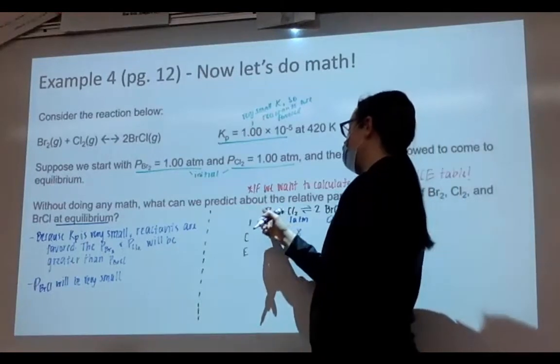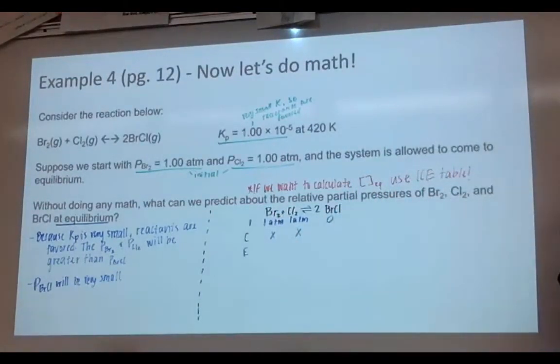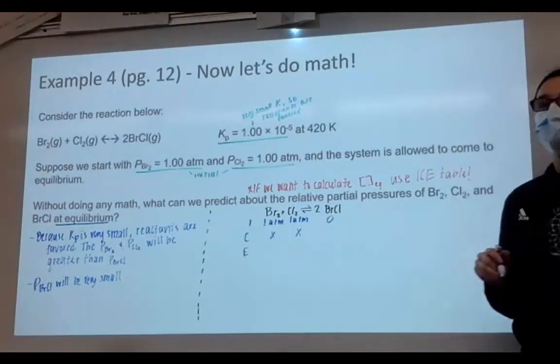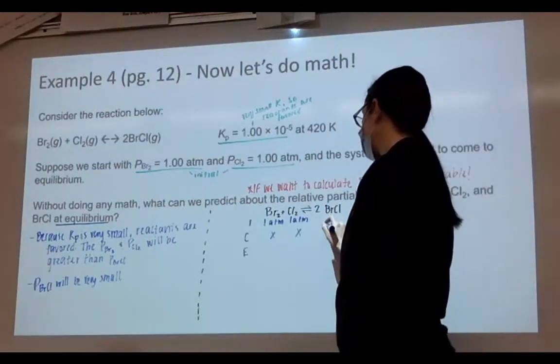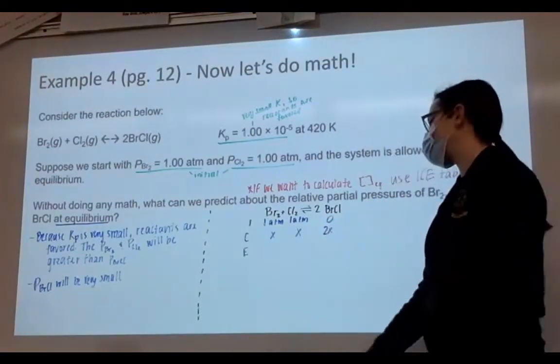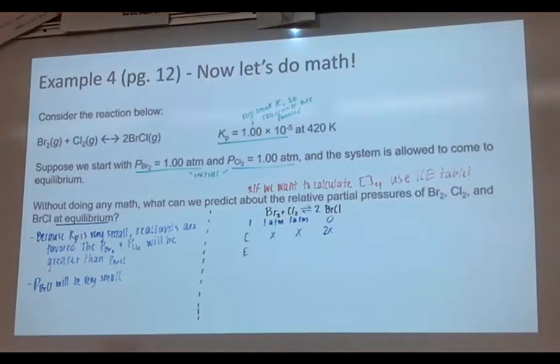But Br2 and Cl2 have coefficients of 1. BrCl has a coefficient of 2. There's twice as much BrCl. So its change will be 2x.